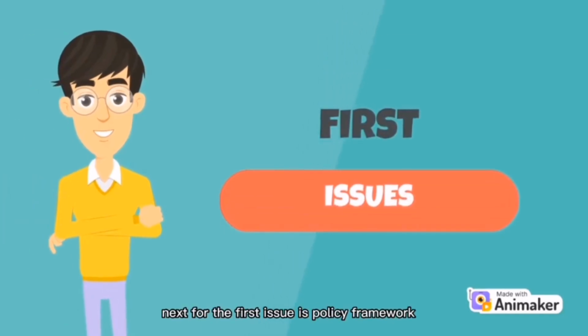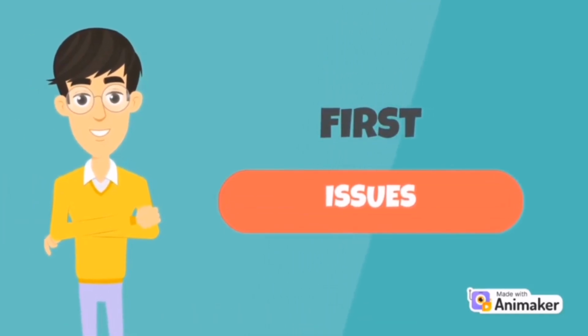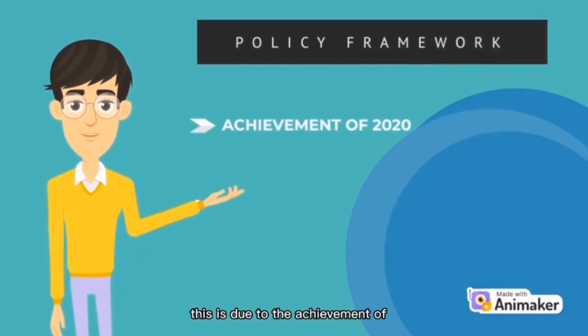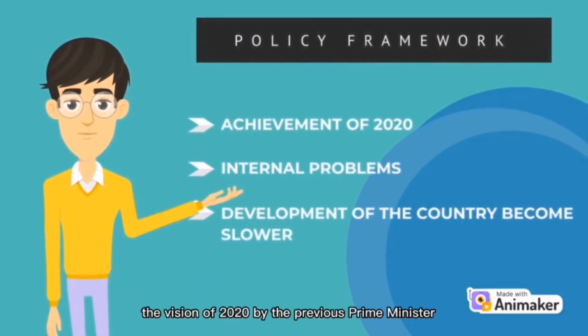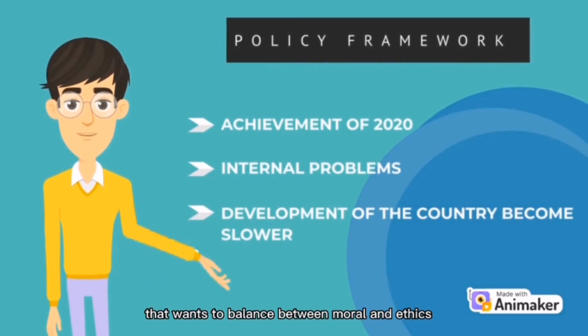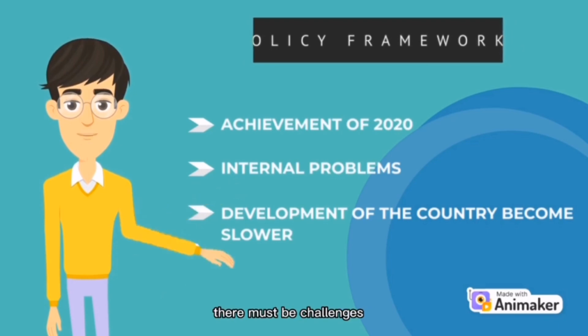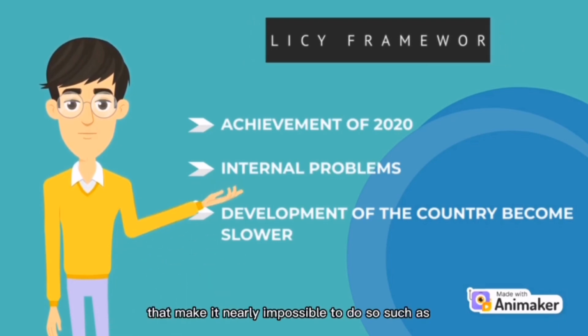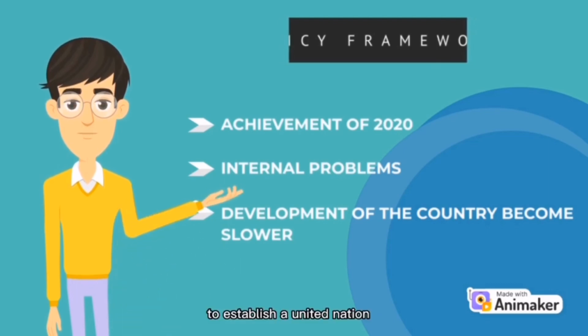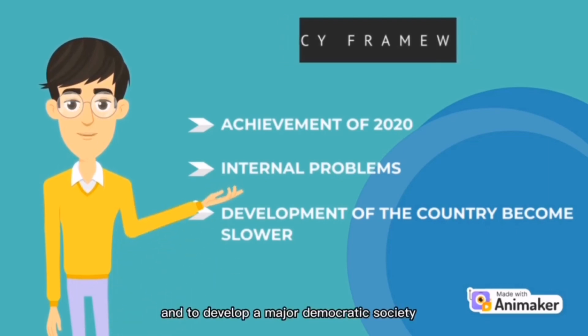Next, the first issue is the policy framework. This is due to the achievement of Vision 2020 by the previous Prime Minister, who wanted to balance between moral and ethics. In order to achieve the vision, there were challenges that made it nearly impossible, such as establishing a united nation and developing a mature democratic society.